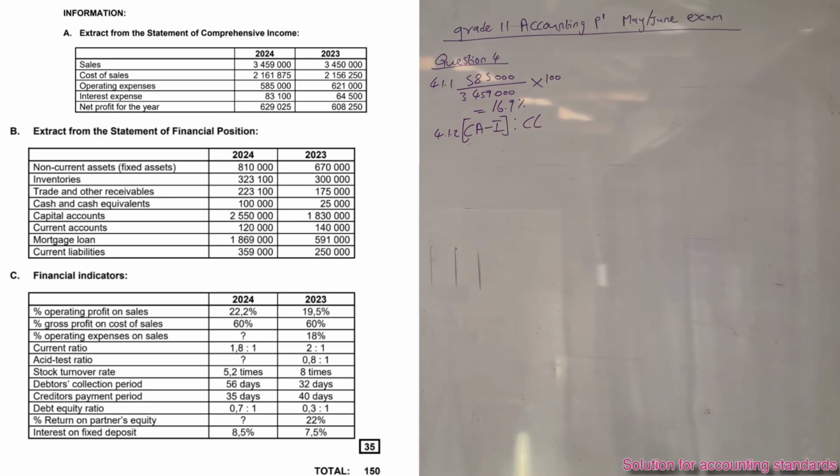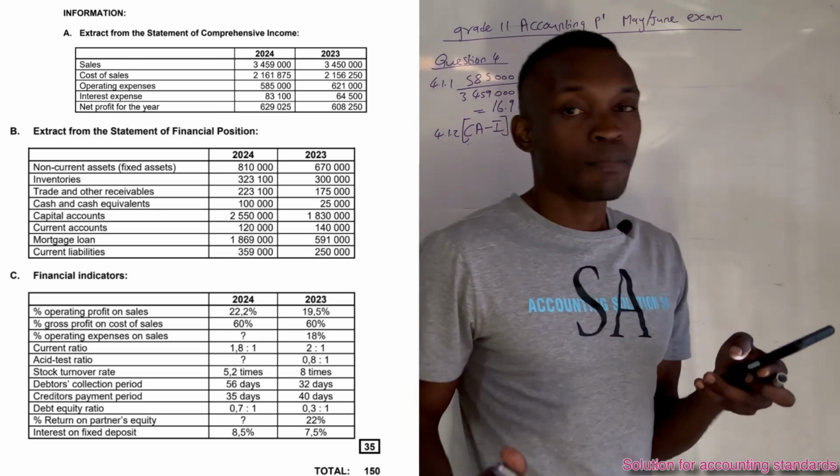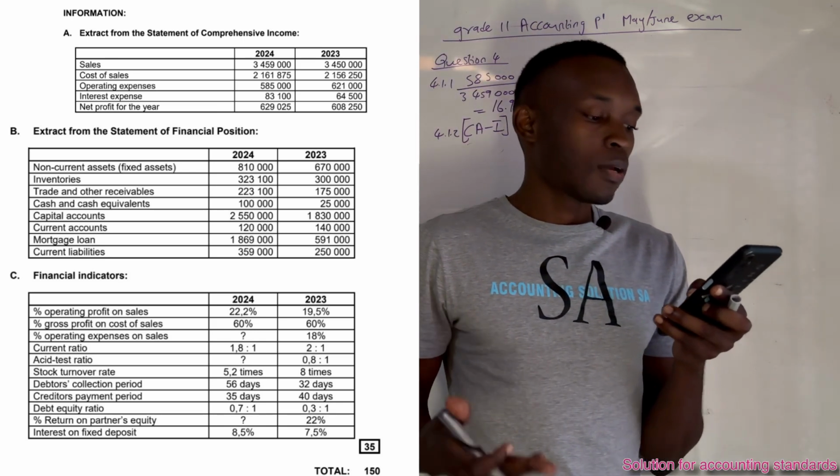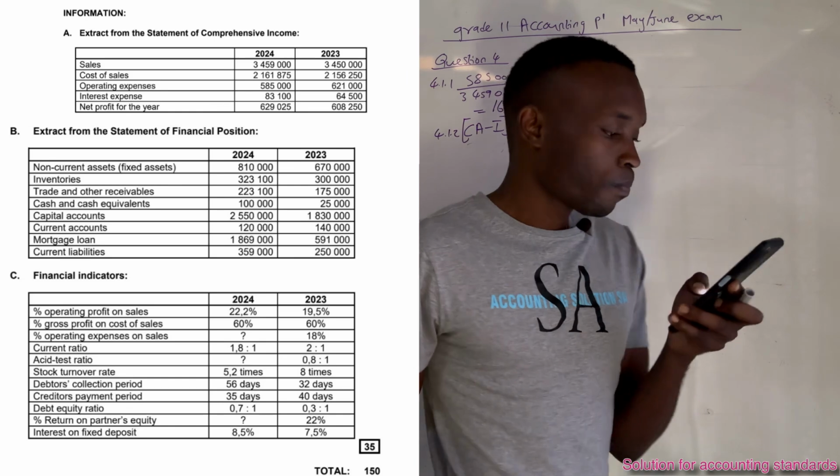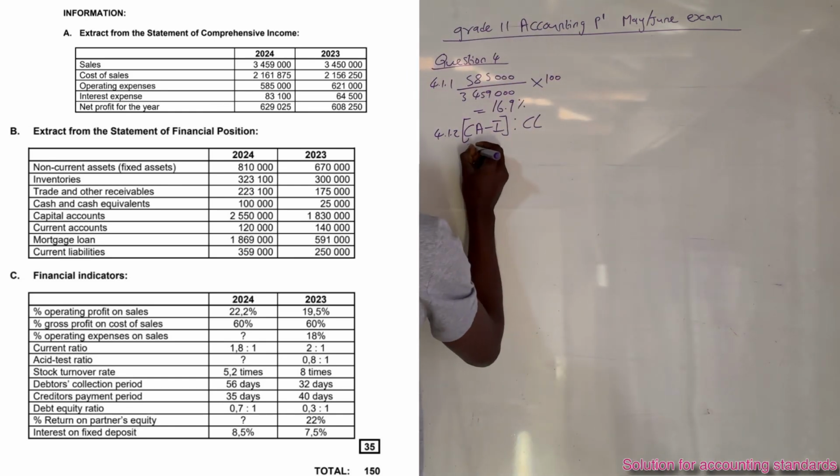Our current assets contained inventory, trade and other receivables, and cash and cash equivalents. There are those three items. Because we have to subtract inventory, we just simply add those two without inventory.